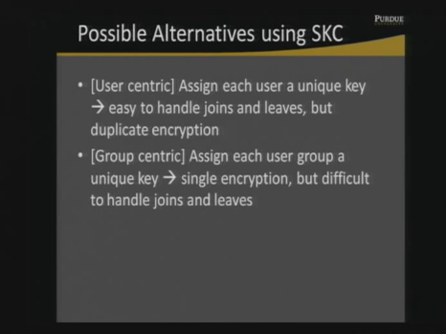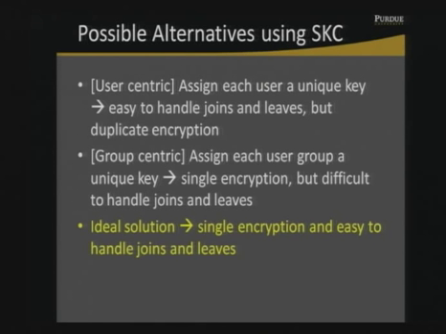This will solve the problem of duplicate encryption, but it won't solve the problem of handling user dynamics. When one user leaves, you will have to update the keys given to all the users in that group. So we need to be intelligent in order to overcome these limitations.